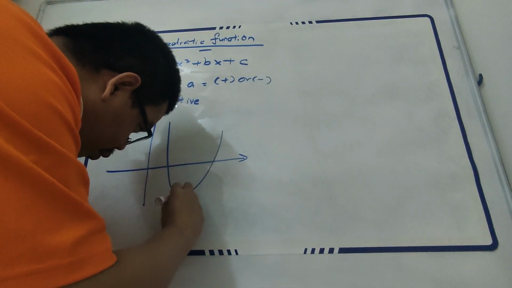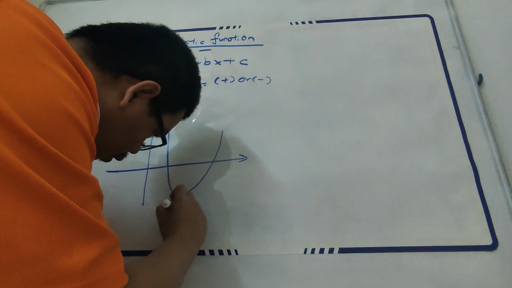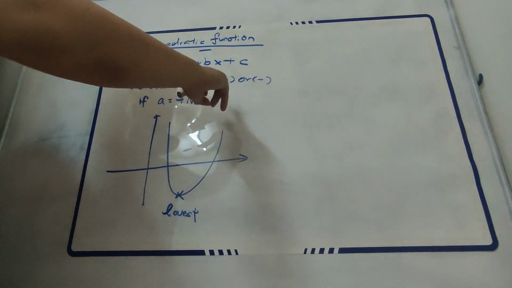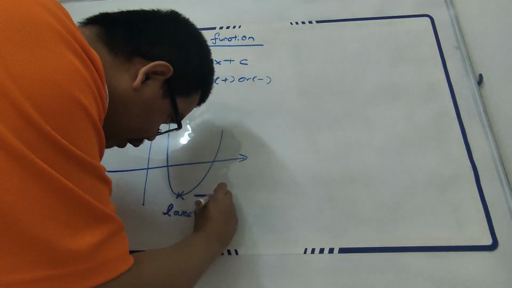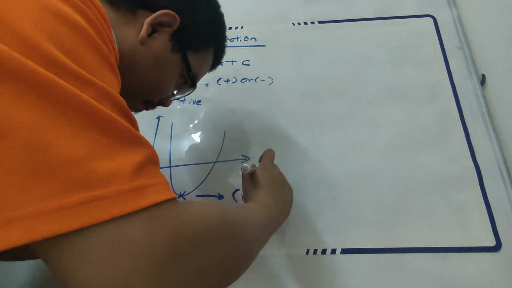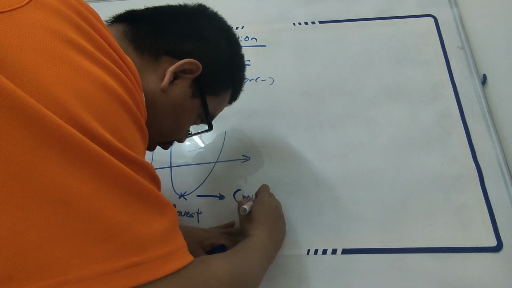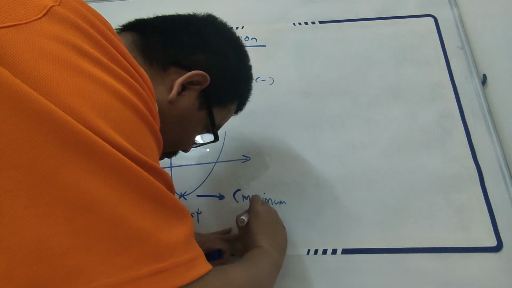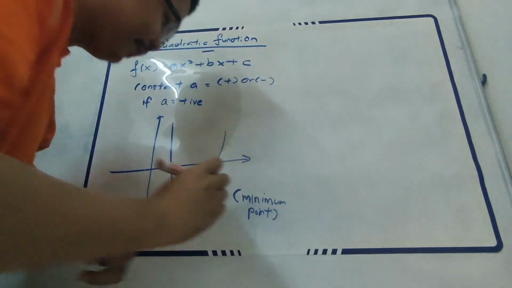So the point here, the lowest point in this curve, is known as the minimum point.